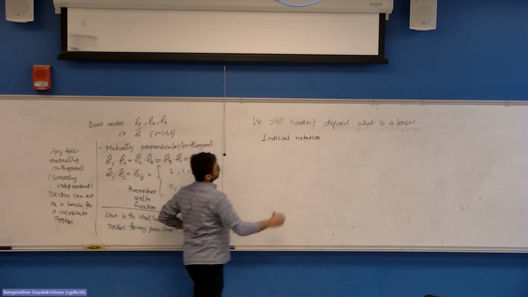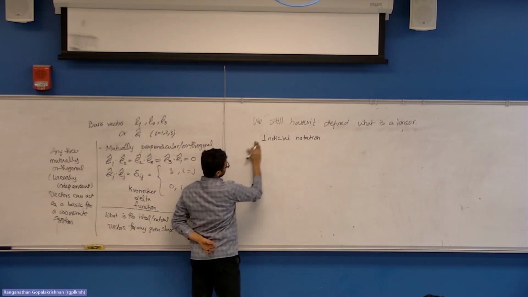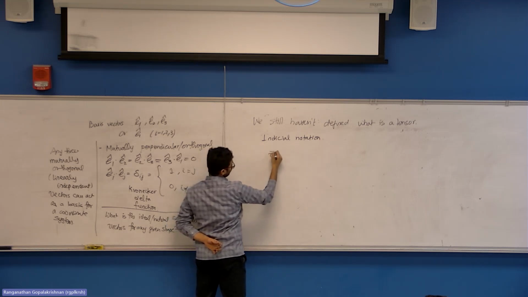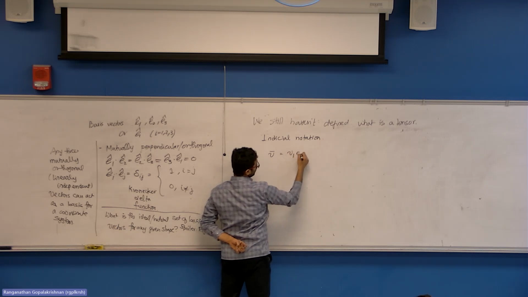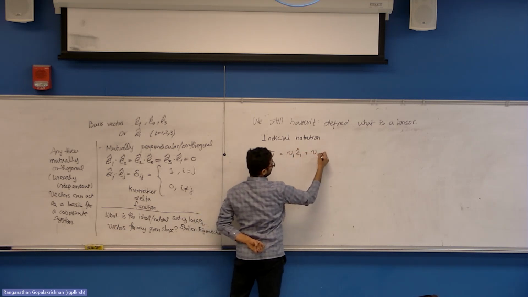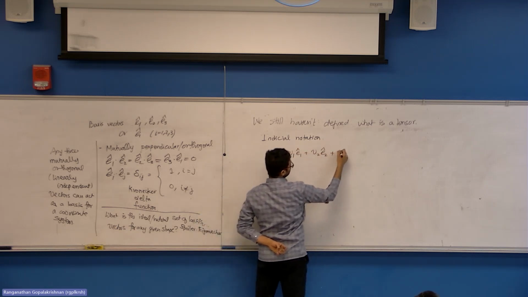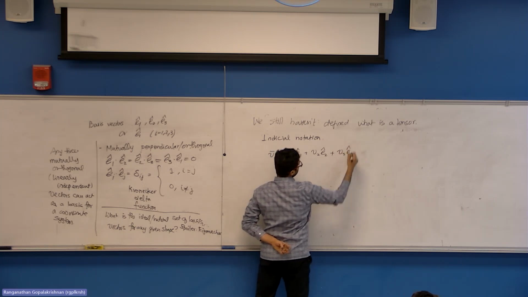Indicial notation. So what do I mean by that is, if I take a vector v, I can write this as v1 e1 plus v2 e2 plus v3 e3.